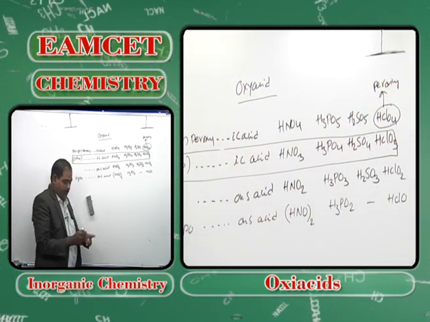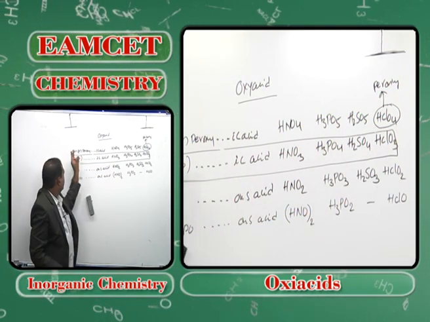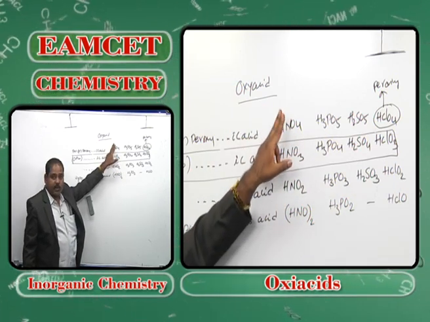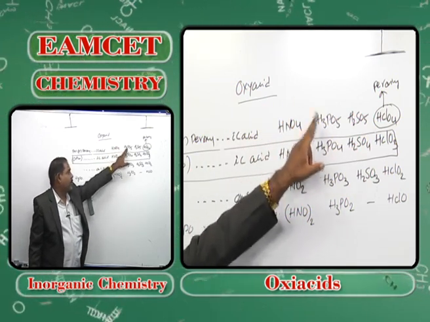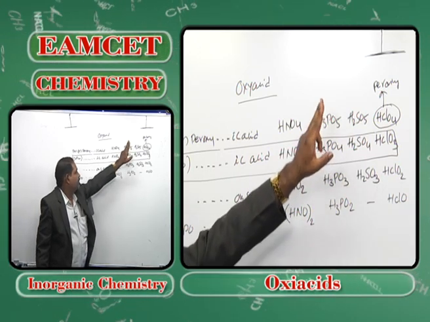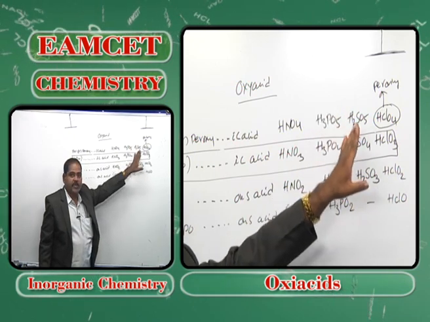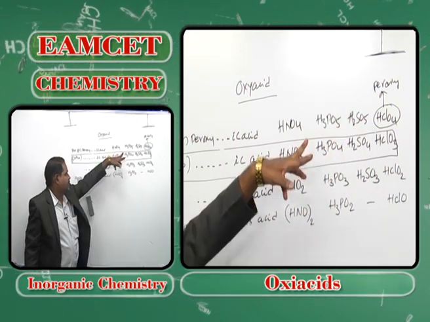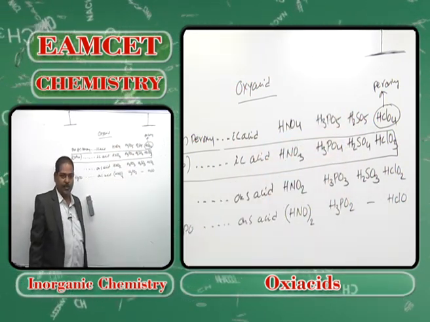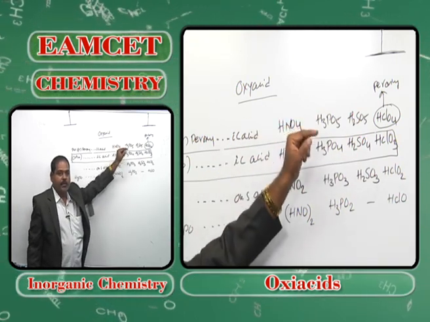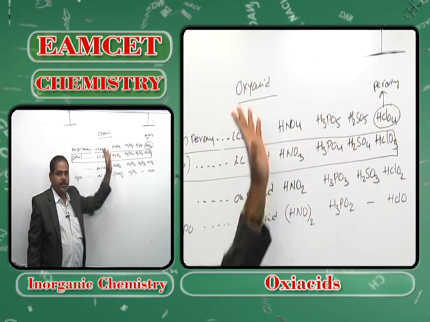What does it mean? All others can be called per or even peroxy. You can call this peroxy nitric acid, you can call this peroxy phosphoric acid, you can call this peroxy sulfuric acid, but that one is not a peroxy acid. How do we know it is not a peroxy? I will explain to you a little later. And why these are peroxy and why that is not peroxy, anytime we could know that.